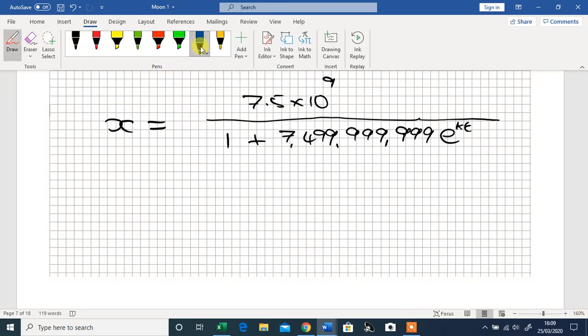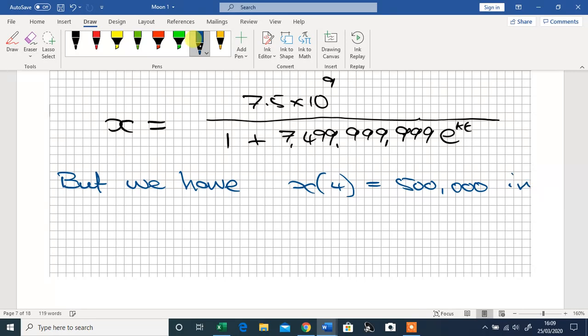Right, but we have x of 4 equals 500 infectives.